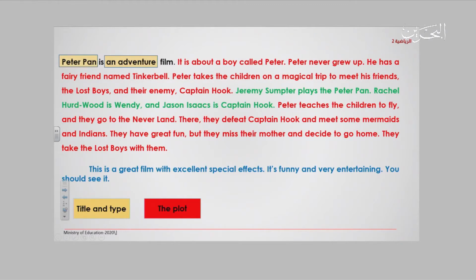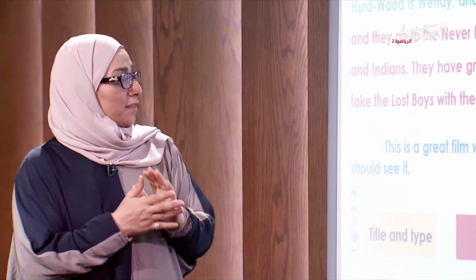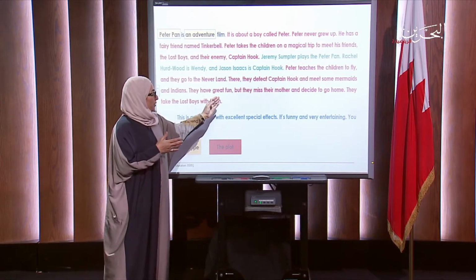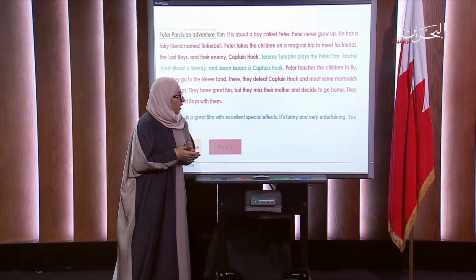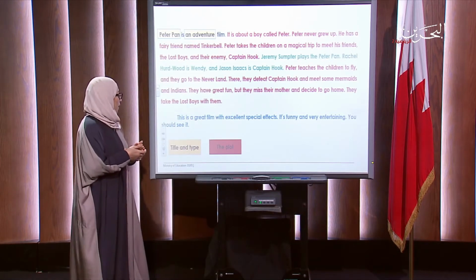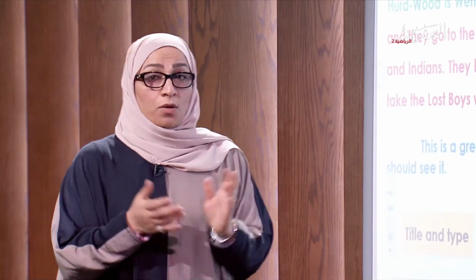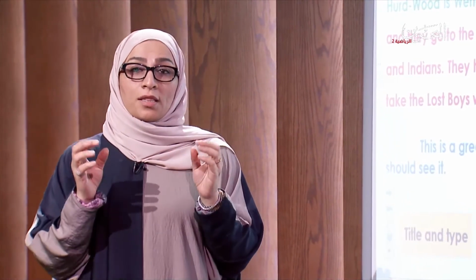Then we go on here. Peter teaches the children to fly, and they go to Neverland. There, they defeat Captain Hook and meet some mermaids and Indians. They have great fun, and they miss their mother and decide to go home. They take the Lost Boys with them. This is briefly the story of the film. We call it the plot.